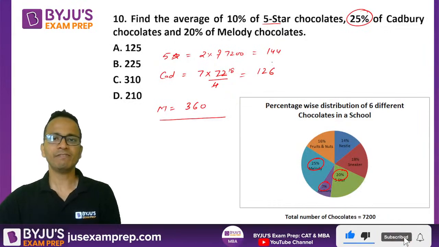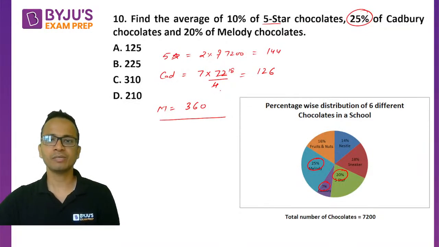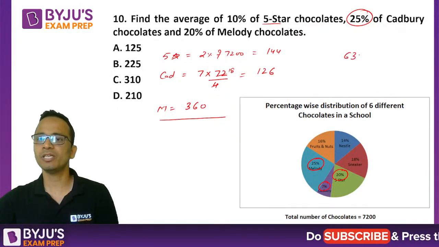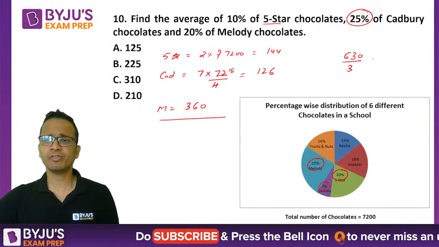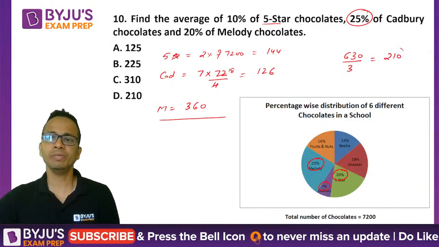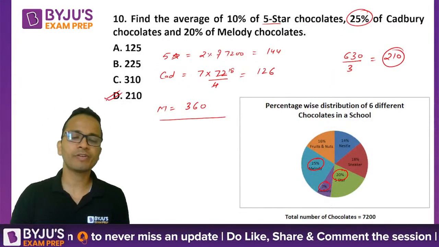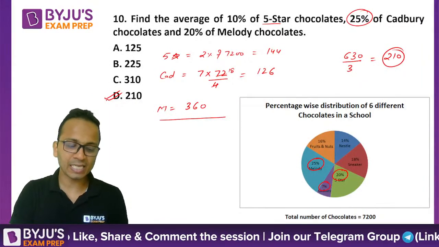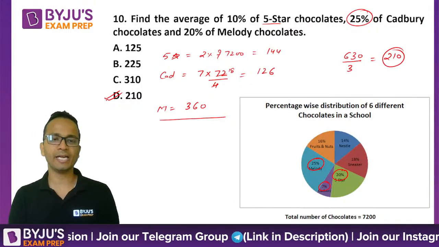All right, now if I add these numbers, so 144, 126, 360, 630. 630 will be the sum. Average calculate करना था, so इसको divided by 3 कर दो and the answer will be 210. Very simple set of calculations, right? So yes, the correct answer definitely is option D, that is 210.